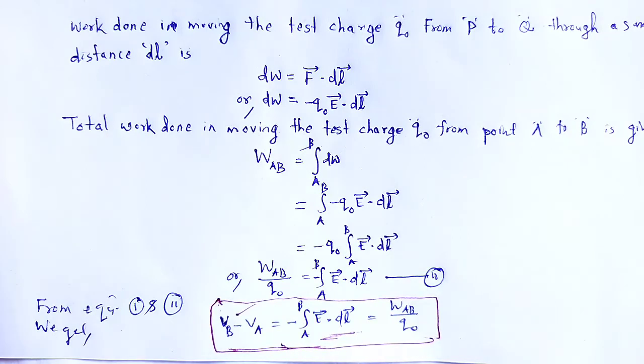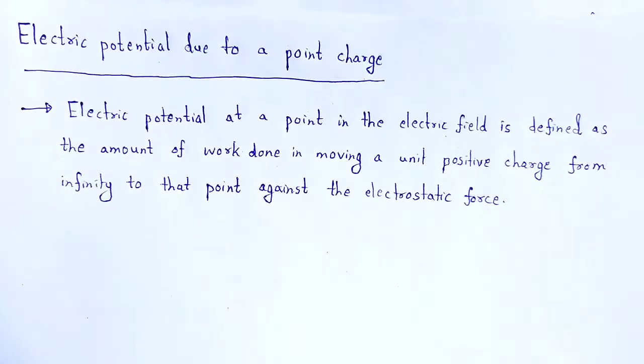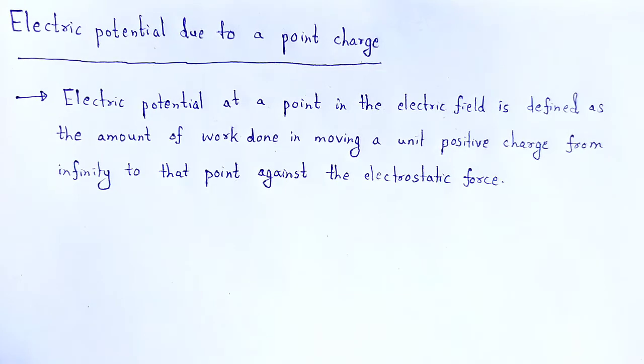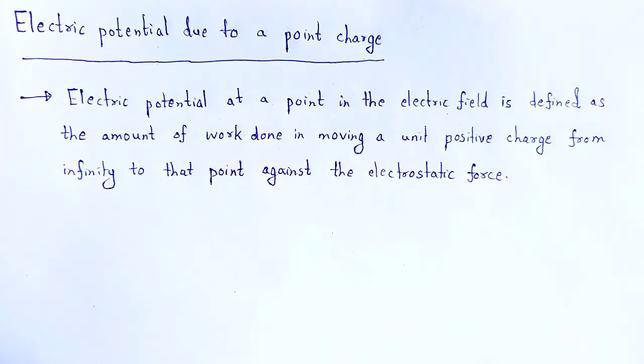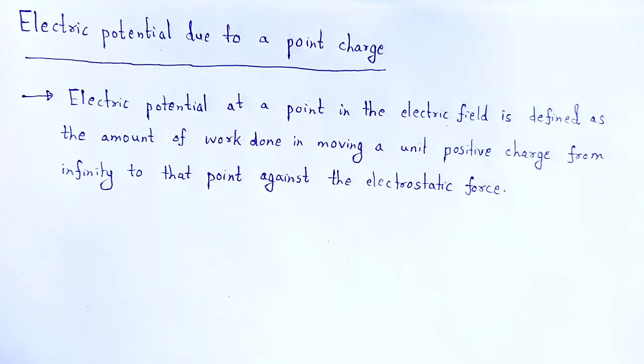By using that concept, we can easily derive the electric potential due to a point charge. We proceed towards the concept of electric potential by using the basics of potential difference between these 2 points.